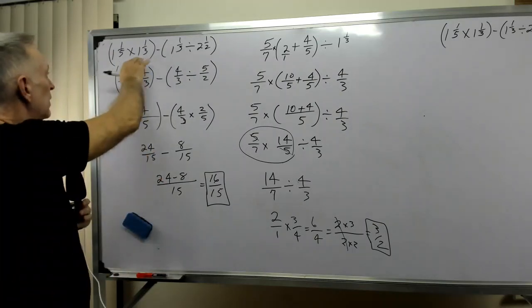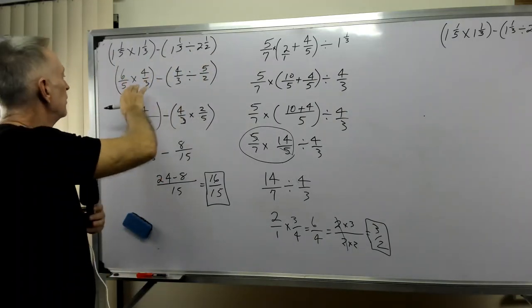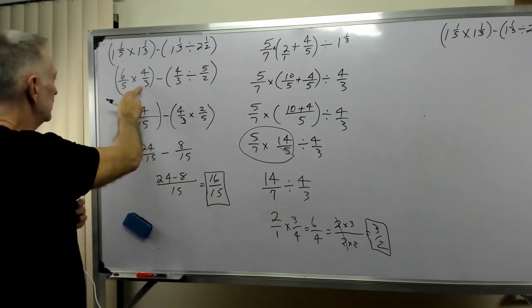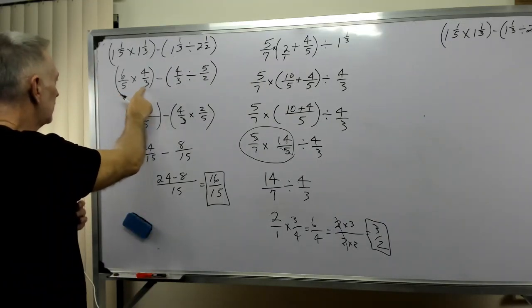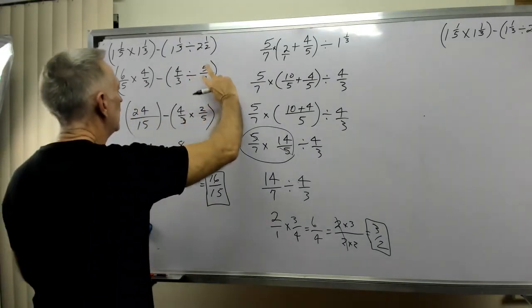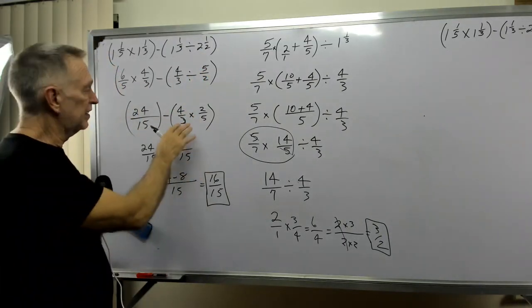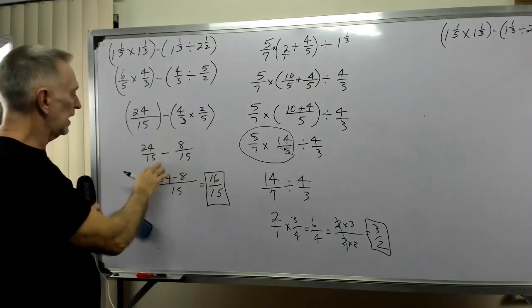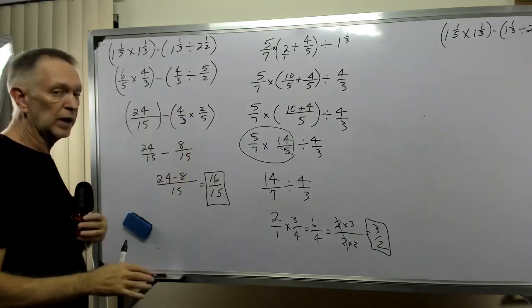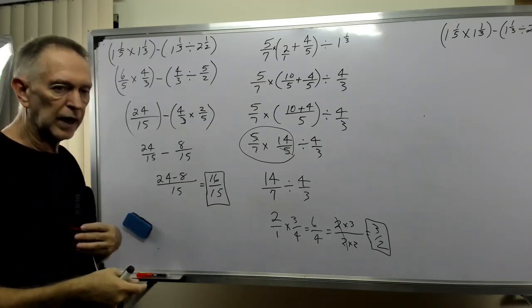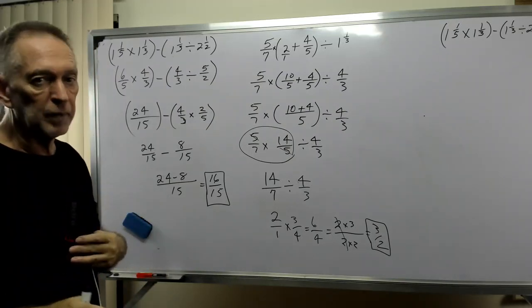So get rid of the whole numbers, get it into fraction form, and then in this case, you could see that 5 times 3 is 15. If I invert that and multiply, I was going to get a 15 over here. So then I had a common denominator already. But if you did the least common multiple, it still would work out. It would just be a little bit more math.